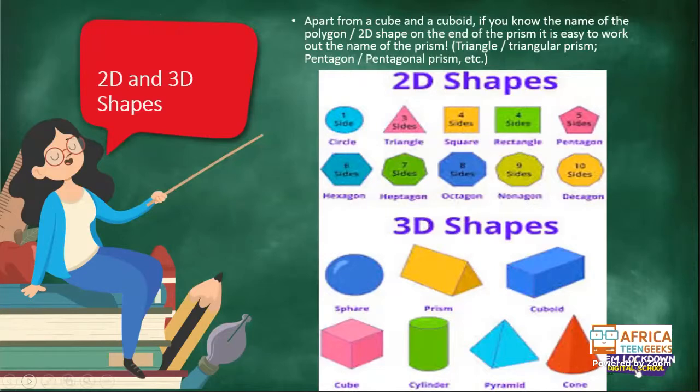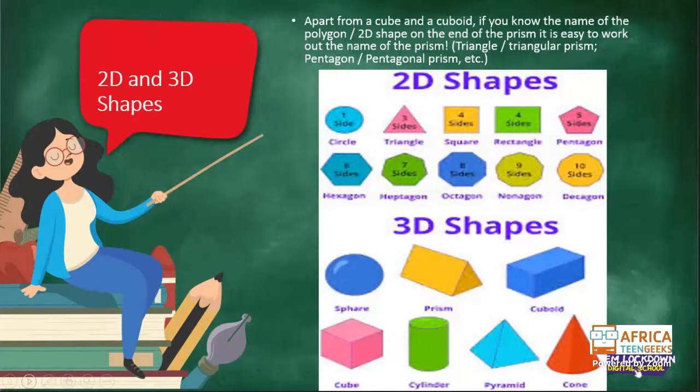All right, so here are some of the 2D shapes. We have a circle, a triangle, a square. A circle has only one side, because it is just one line that goes round. It's a 2D shape.